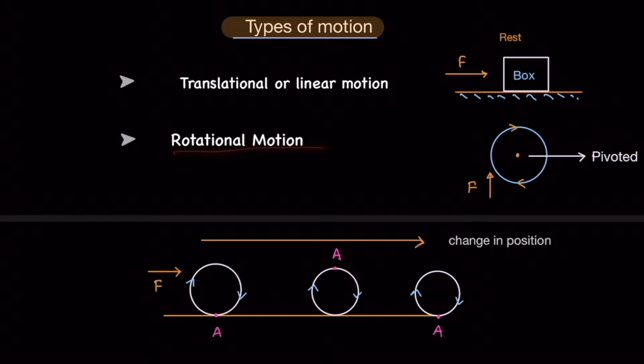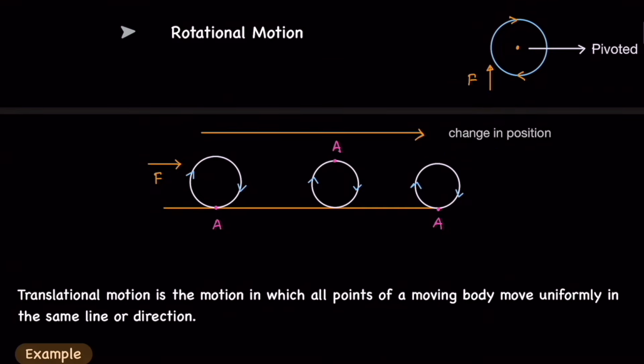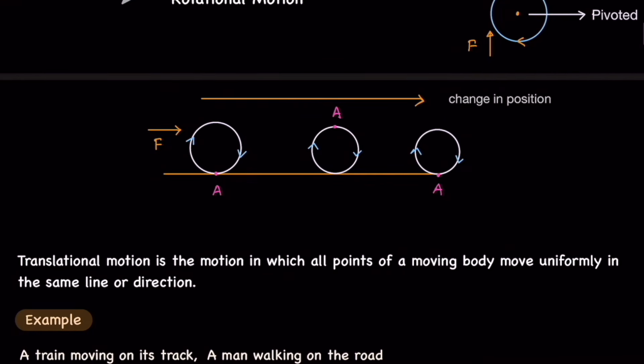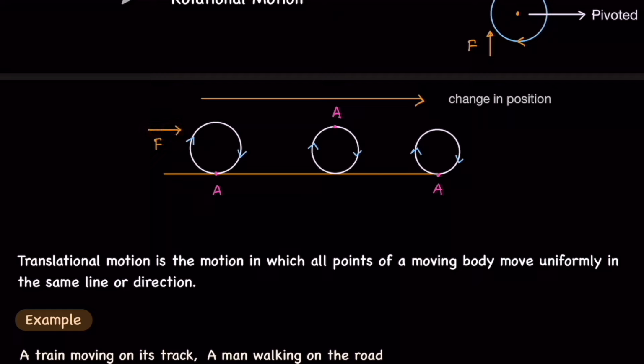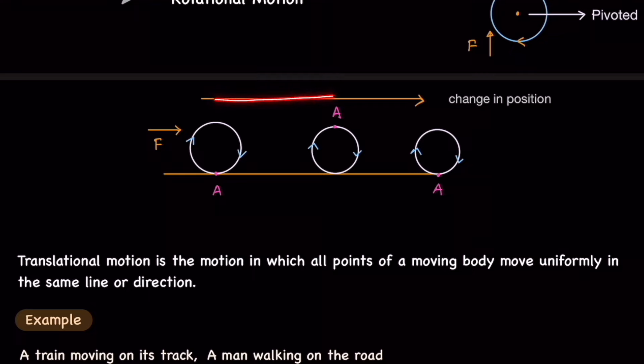I'm explaining one more example where I took the condition of both translational and rotational motion. In this, we took a circular body, and this is the point A of the circular body which is touching the surface. When we apply the force F, we will notice that the body starts rolling. Means the position of the body also changes.